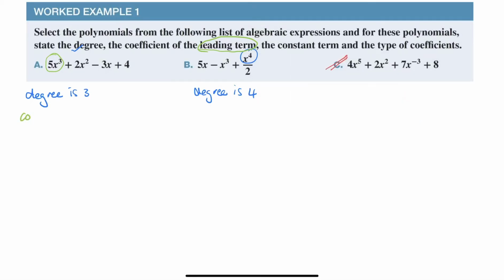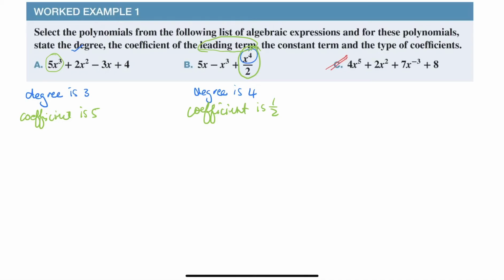So the coefficient of that term in this case will be 5, and for the highest power here, the coefficient is 1/2.